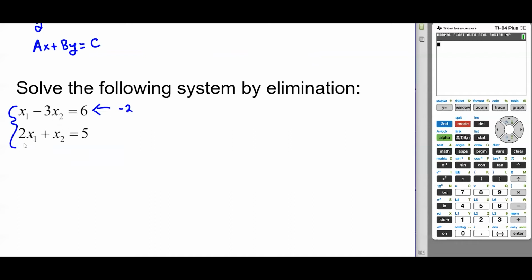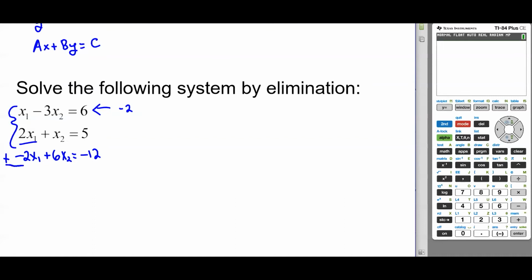I'm going to eliminate this 2x sub 1, and I'm going to multiply the first equation by -2 and add it, right? So that'll look like this. I'll just write it down here. -2x sub 1, -2 times -3 is +6, and -2 times 6 is -12. And you remember this too, right?